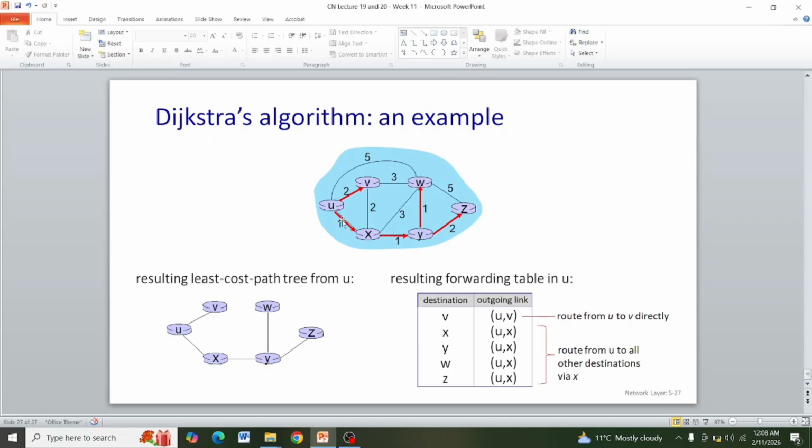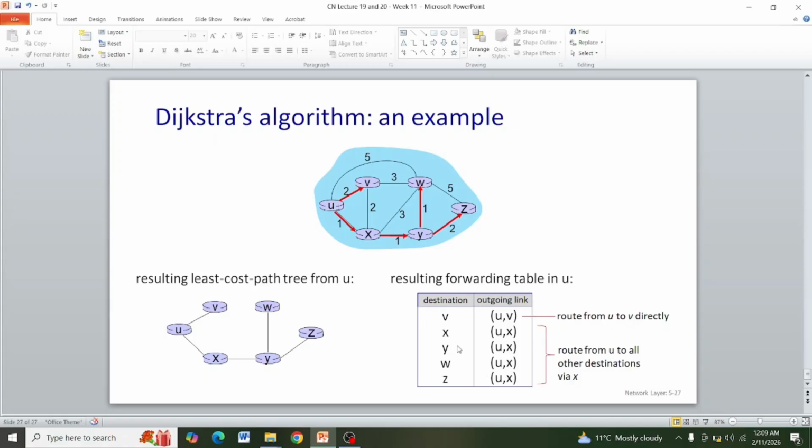Remember, each node of this sample network has its own routing or forwarding table that defines, from that source node to any other node of that network, how the packet will be moving on.